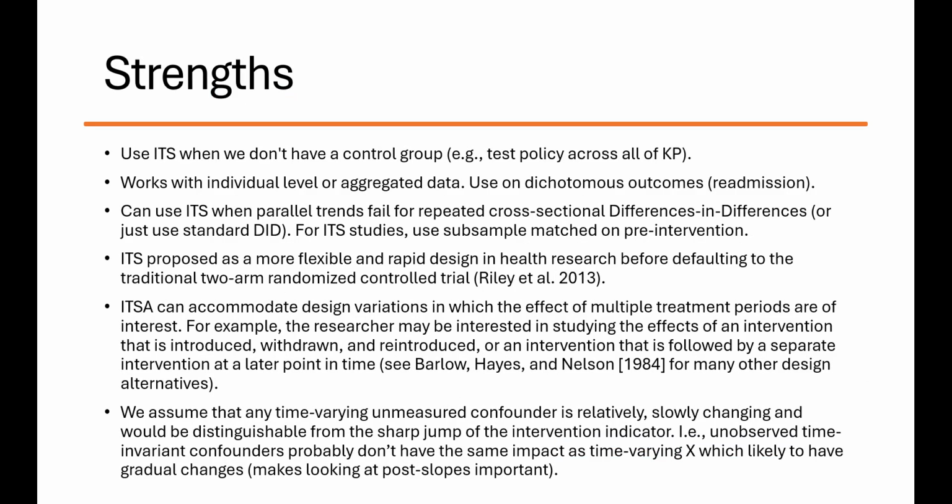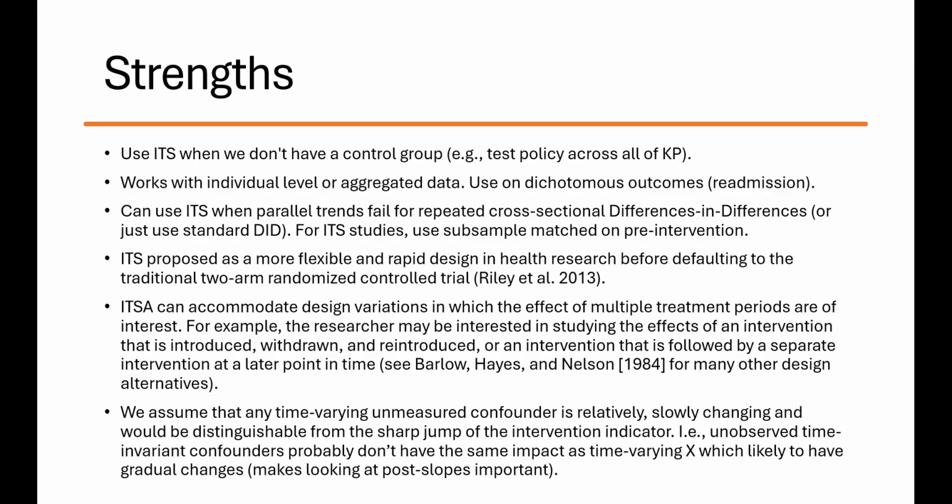Okay, let's review some strengths. We can use ITS when we don't have a control group. For example, we might want to test a policy that we have across all of KP. There may be many situations in which we just don't have a control group, because at KP we have that one KP approach.